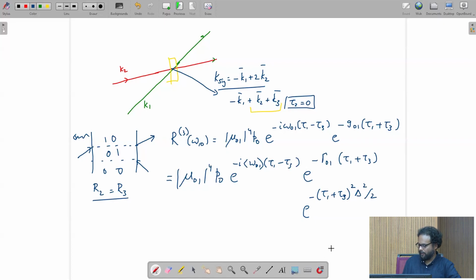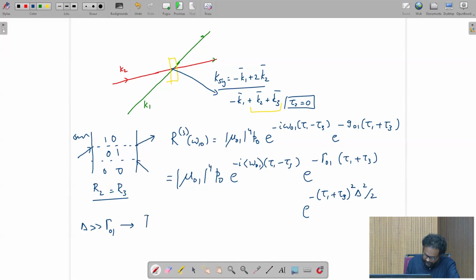That's inhomogeneous broadening. Okay, let's say I take the situation where my delta is much larger than my gamma, largely inhomogeneous. You can already see this function will almost become a delta function because of this term here.